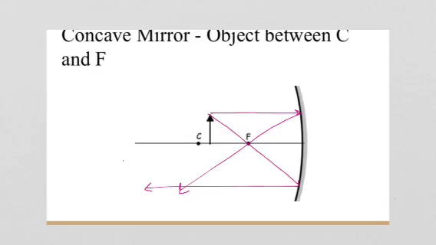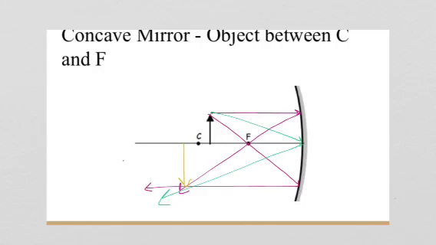Again, we could take a point at the vertex, and we end up getting an image that ends up being somewhere out here.